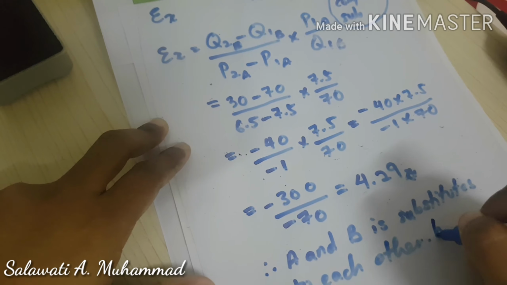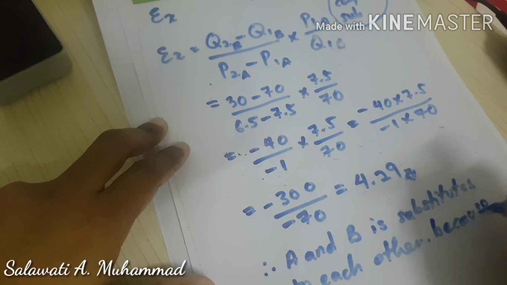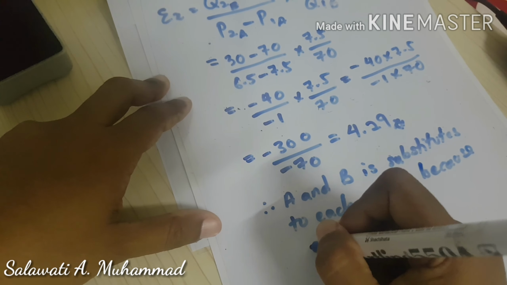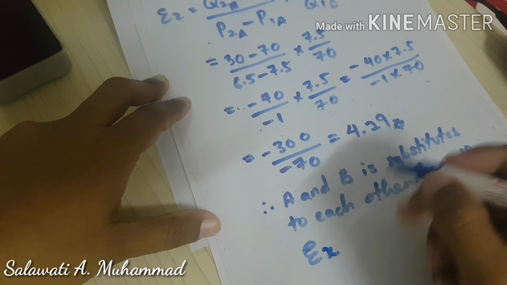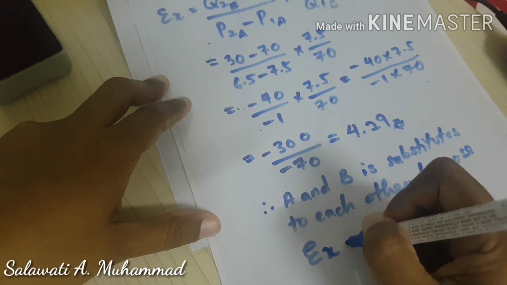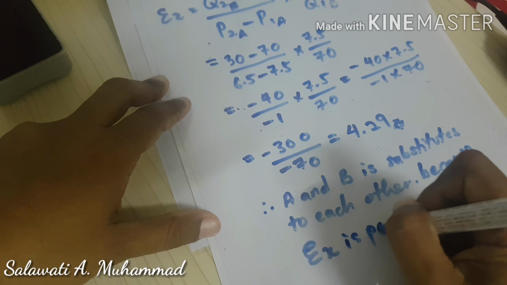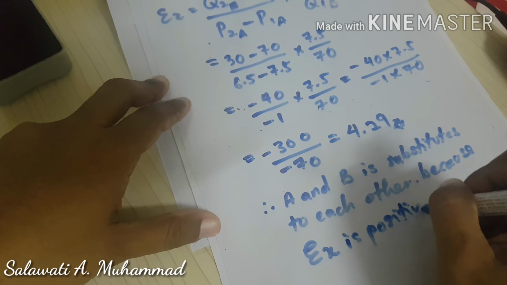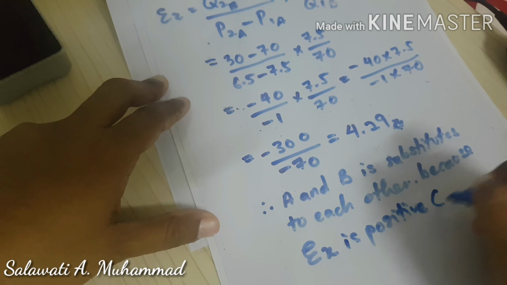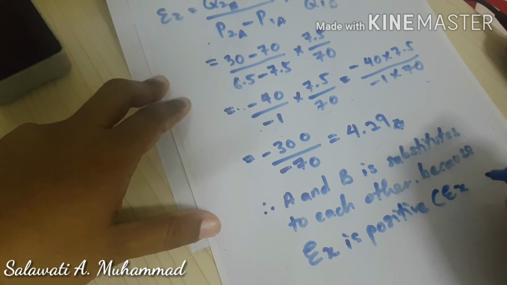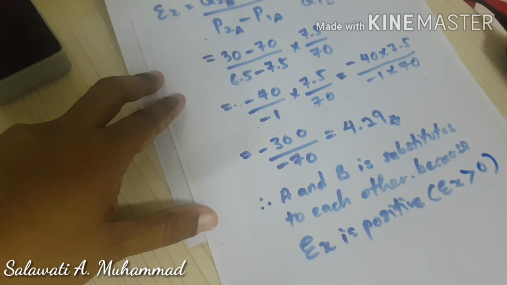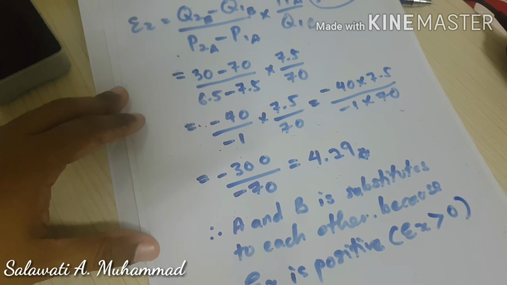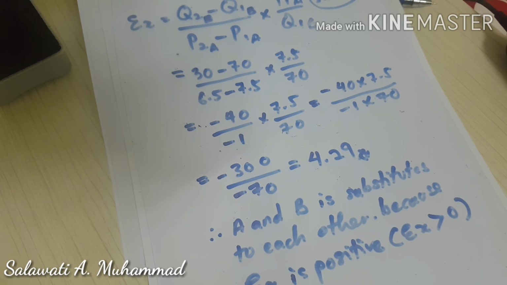Okay, because cross elasticity of demand is positive, or you can say it is more than 0. Okay, so that's the answer.